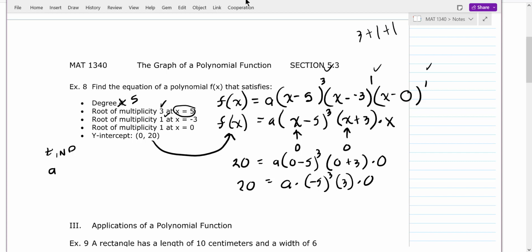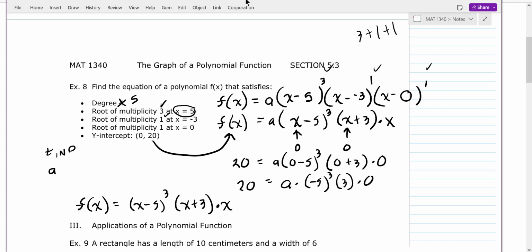So you're not going to really worry about a on the problem. If you put this all together, we would just end up having f of x like this. So I just write this as x minus 5 to the third times x plus 3 times x.